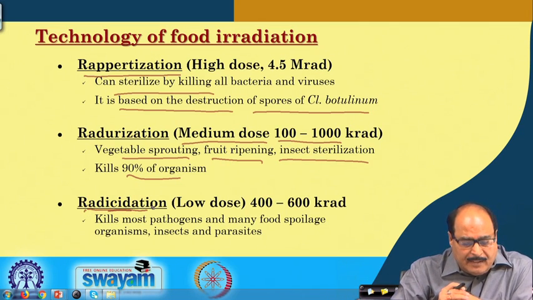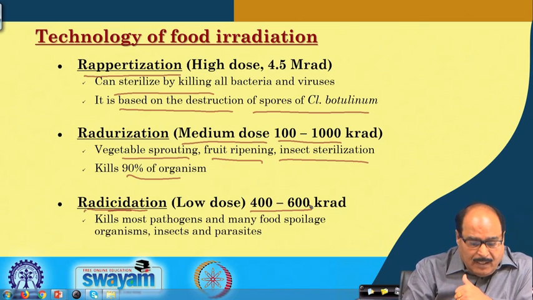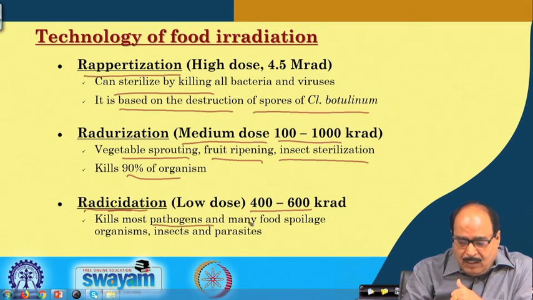The other term is radicidation, which uses a comparatively lower dose, maybe in the range of 400 to 600 kilorad. It kills most pathogens and many food spoilage organisms, insects and parasites.